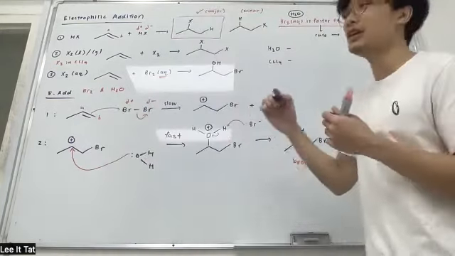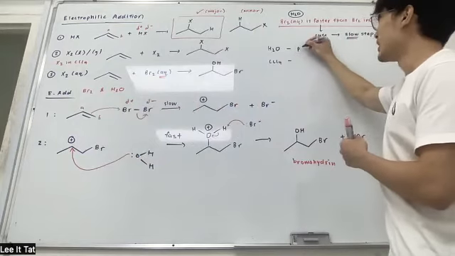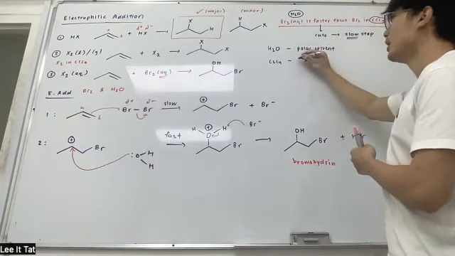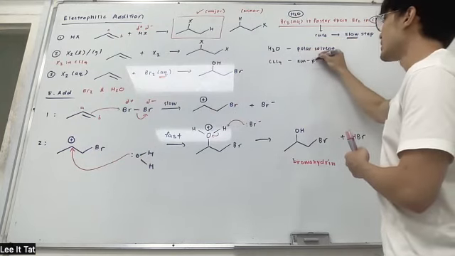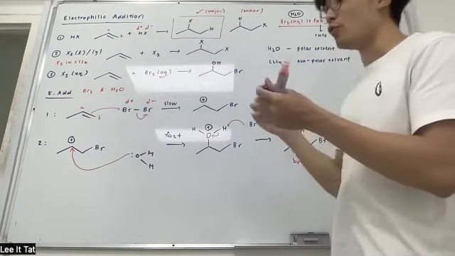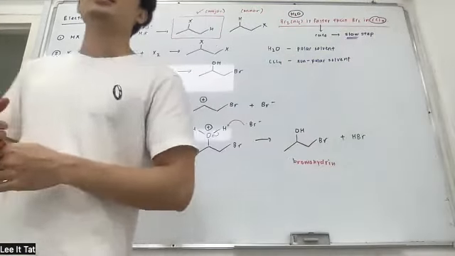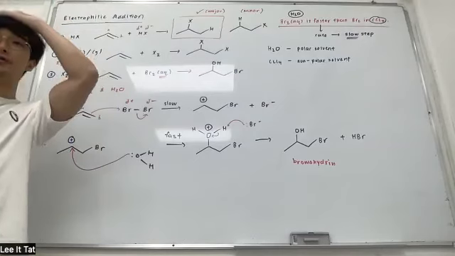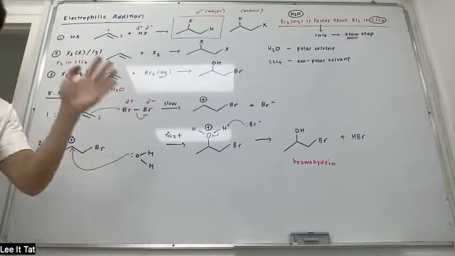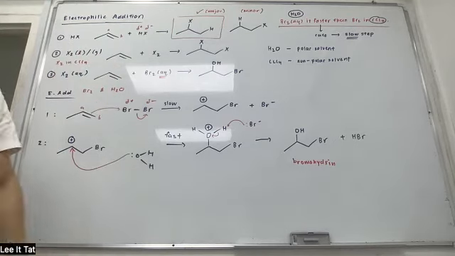Water is a polar solvent, whereas CCl4 is a non-polar solvent. So somehow this polarity of the solvent will affect the rate. I placed out the difference: polar solvent, non-polar solvent. Somehow the polar solvent is faster for some reason.